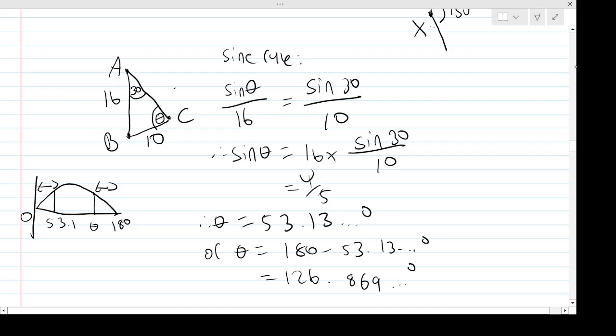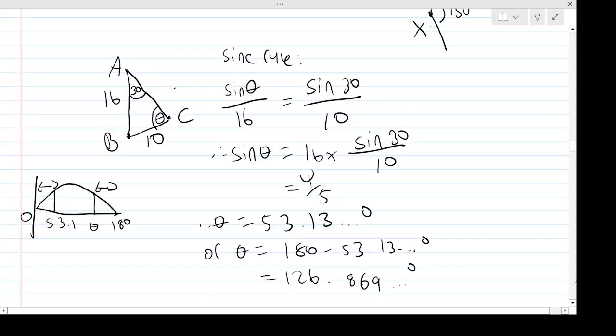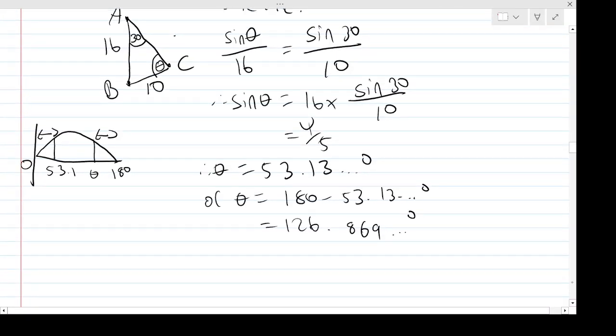And that does make sense because it's talking about two positions. Now, these two angles will indeed give you two different positions because they're two different angles. So what we've effectively got is two different triangles because we've got two values of this theta here.